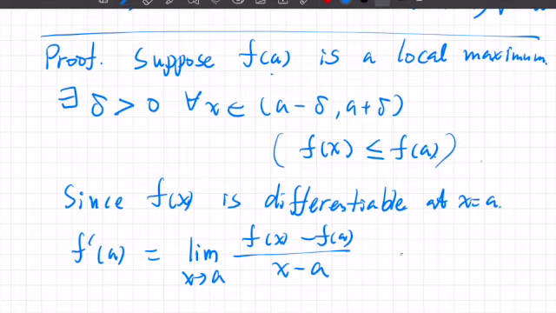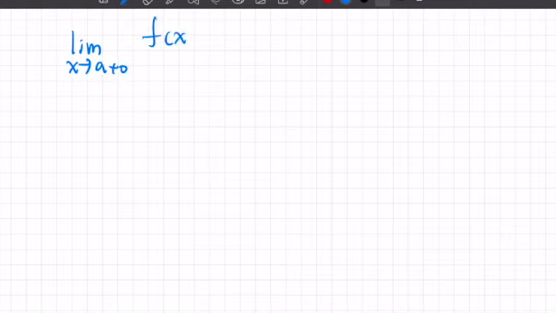So this limit exists, and if we calculate the right limit first, okay, consider the right limit. That is the limit as x approaches a from the right.